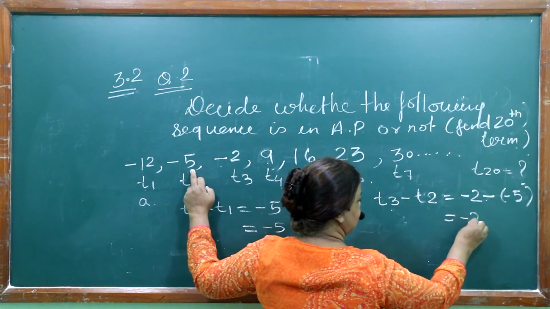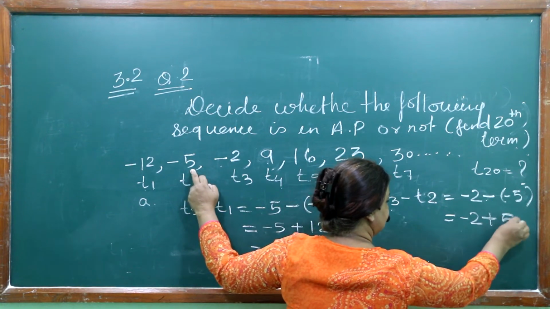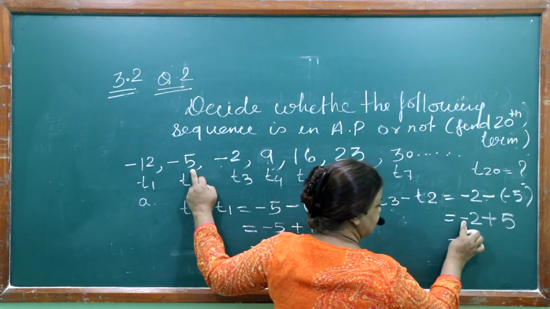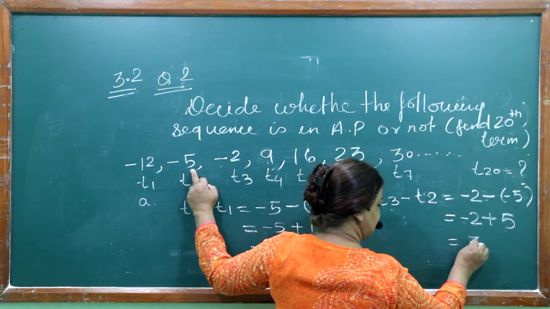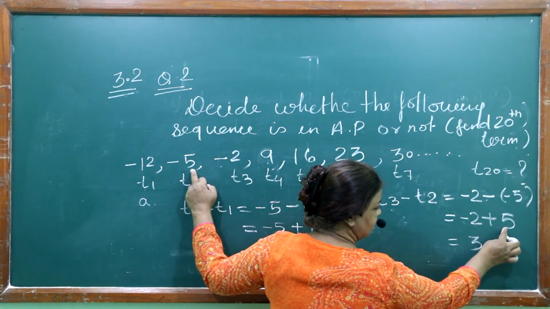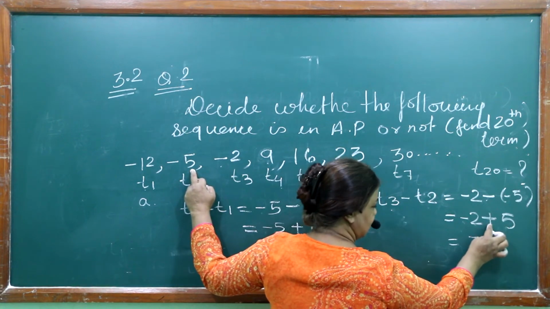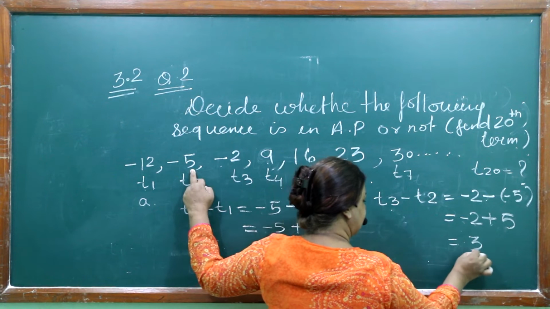Now what? Minus 2 minus minus, plus 5. One is minus, one is plus, subtraction. So 5 minus 2 is 3. The sign of the greater number, 5, is plus, so it will be plus, and it is 3.